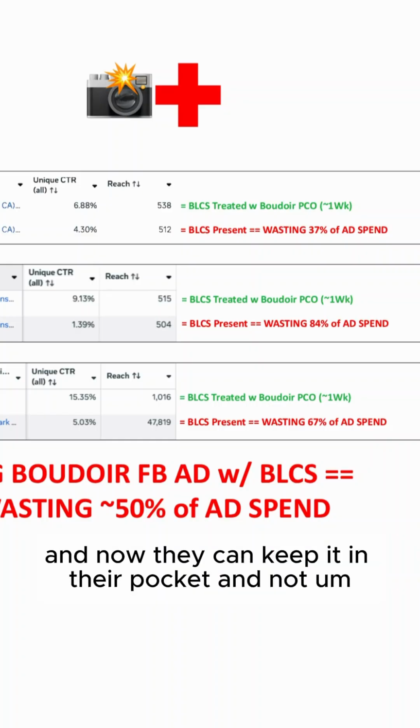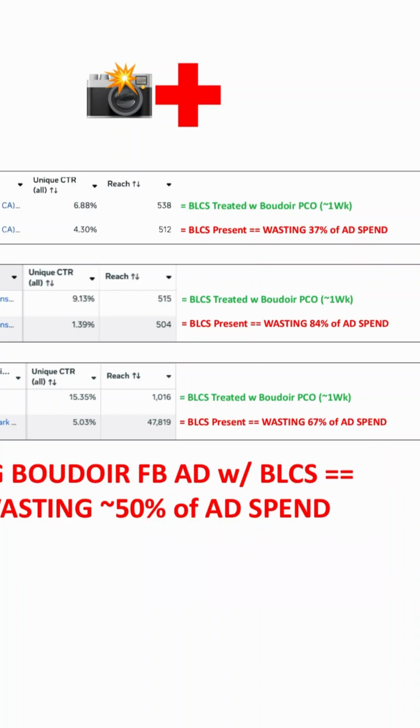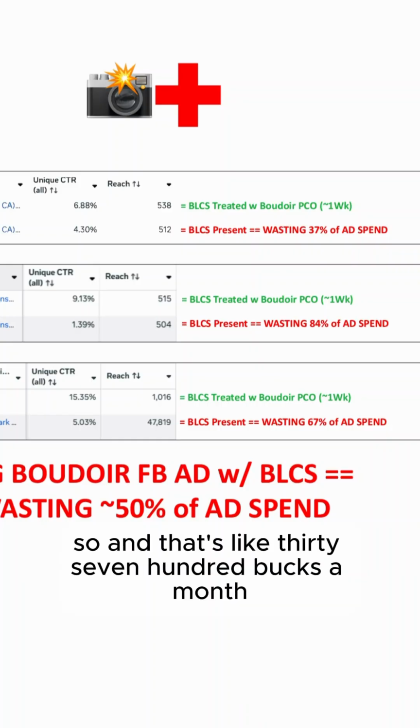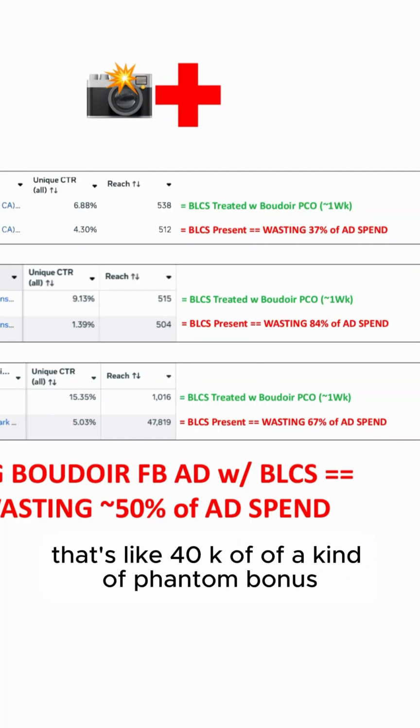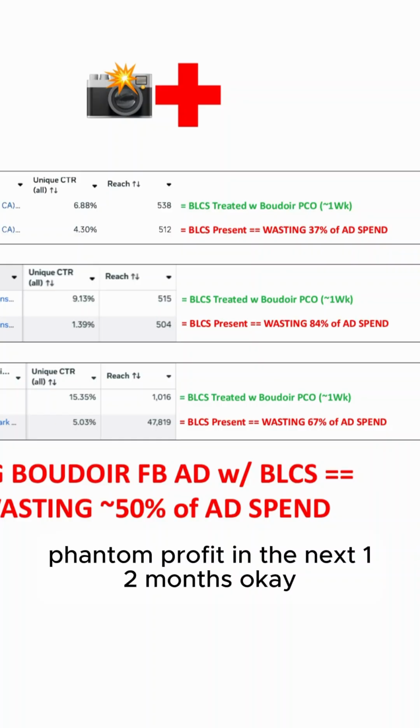And now they can keep it in their pocket and not actually waste it. That's like 3,700 bucks a month. That's like 40K of phantom profit in the next 12 months.